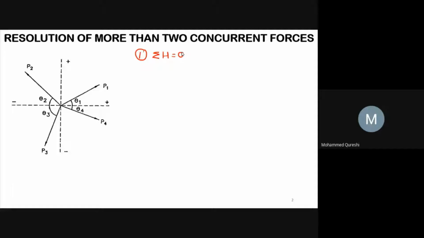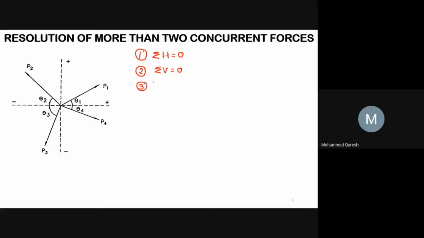It is nothing but the sum of all the horizontal forces, and sigma H equals 0 means the algebraic sum of all the horizontal forces must be 0. Our second condition is sigma V equals 0: the algebraic sum of all the vertical forces must be 0.